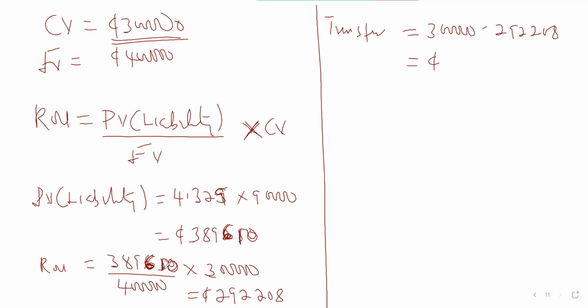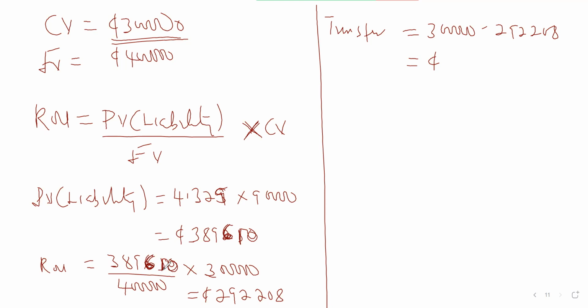It depends on the calculator you are using and how you manipulate it. Times 300,000, I'm getting 292,207.5, so we round it to the nearest Ghana cedi.